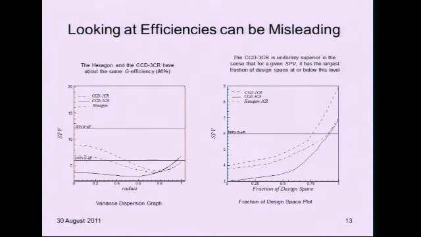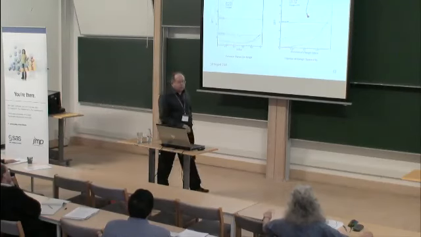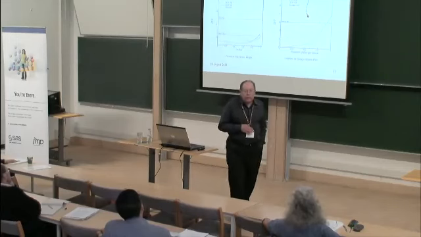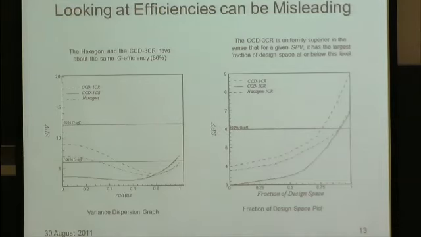The reason I didn't focus on that eye chart very much is that I think looking at efficiencies is very misleading. There are things going on in the design space that are very different at different locations, and efficiencies don't necessarily tell you all of that. Here's an example.